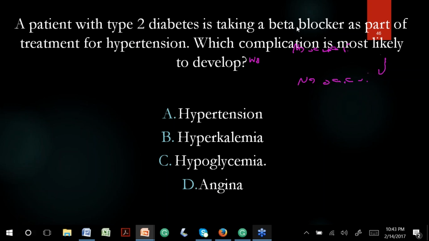So what does it do in type 2 diabetes with beta blockers, for example propranolol? If you increase the dose of the beta blocker, that is going to decrease the levels of insulin.